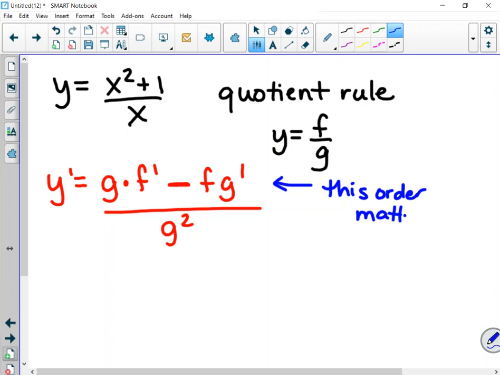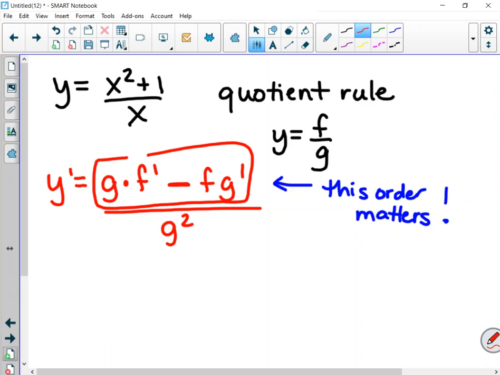The order matters, because you are subtracting. Flip-flopping those two chunks of terms and doing f g prime first is not going to give you the right answer. That's why I recommend when you learn your product rule to learn it in this order, because then you're halfway to quotient rule.